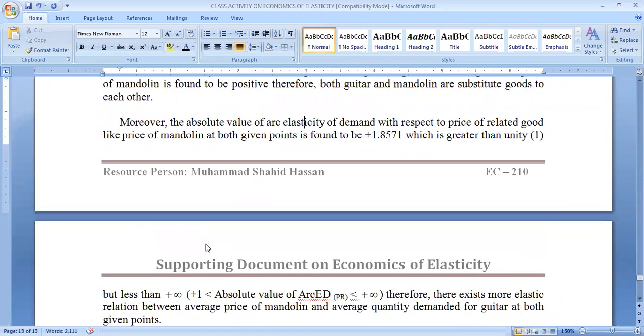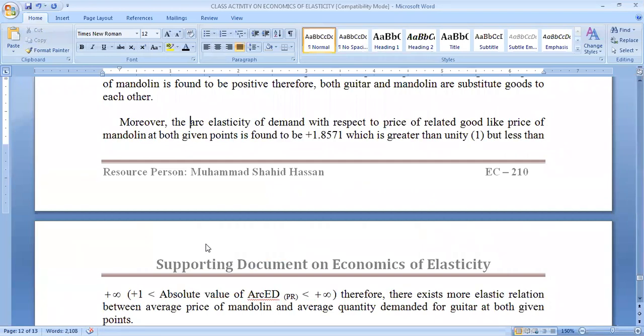Moreover, since the answer is positive, there is no need to write the absolute value. Moreover, the arc elasticity of demand with respect to price of related good, like price of Madeline, at both points is found to be plus 1.8571, which is greater than unity but less than plus infinity.